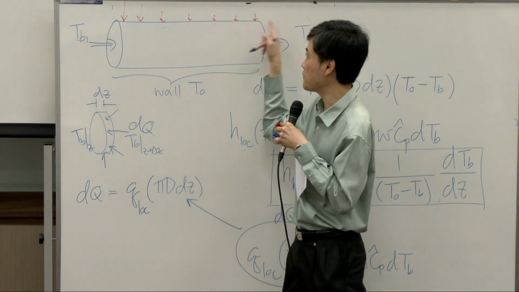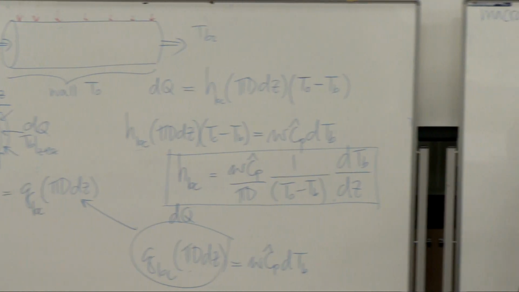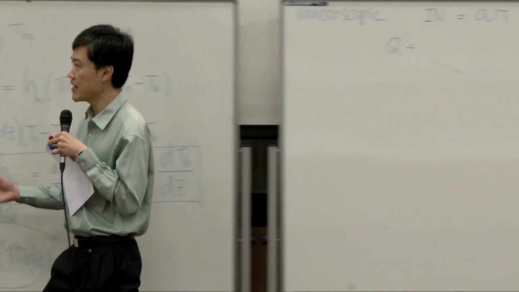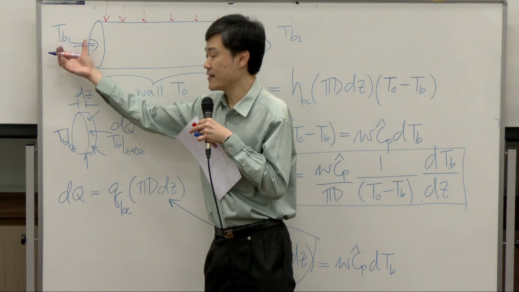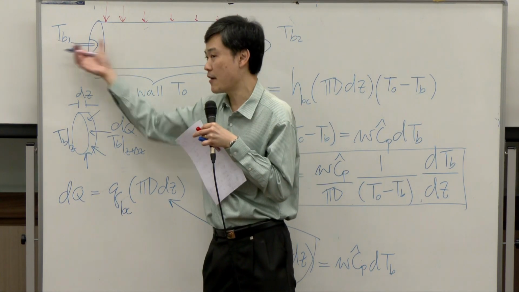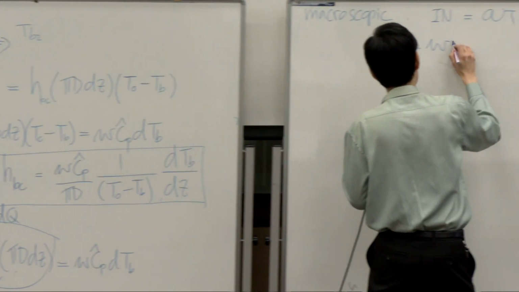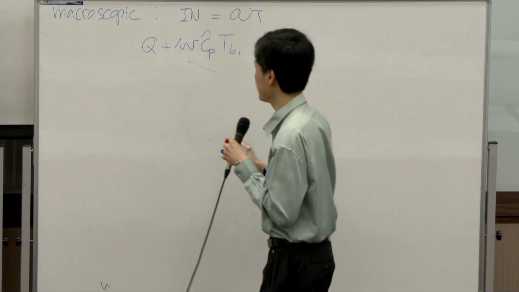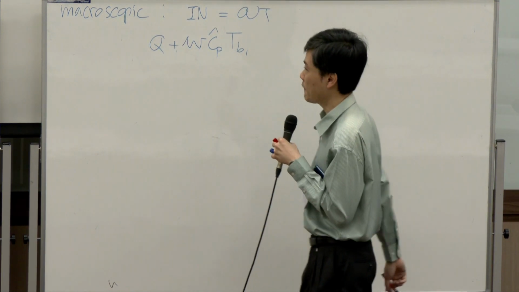So all the fluxes will be combined into net heat. The total heat will be Q plus the energy that the fluid carries in. The cold fluid, even though it is cold, carries some energy. So this energy is WCP TB1. All right, this is the energy carried in by the inlet flow.